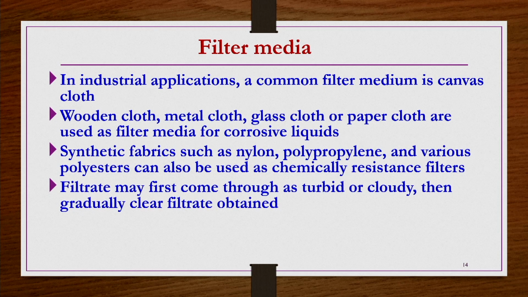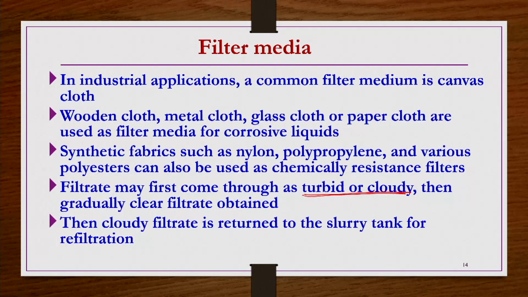Filtrate may first come through in general as a turbid or cloudy liquid, but after the initial stage, we start getting almost clear filtrate. So, what we do is send this initial cloudy filtrate back; the cloudy filtrate is returned to the slurry tank for refiltration.